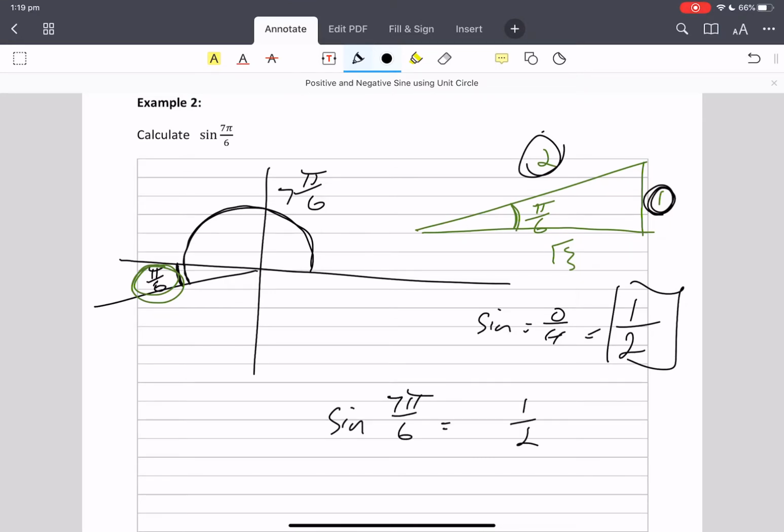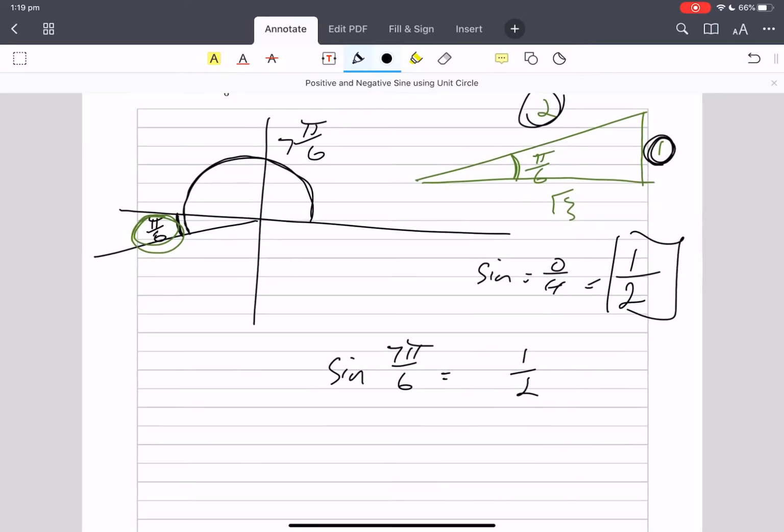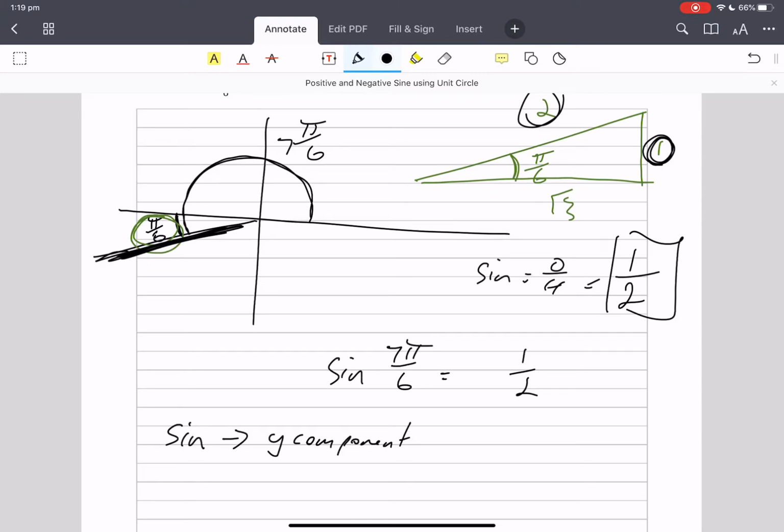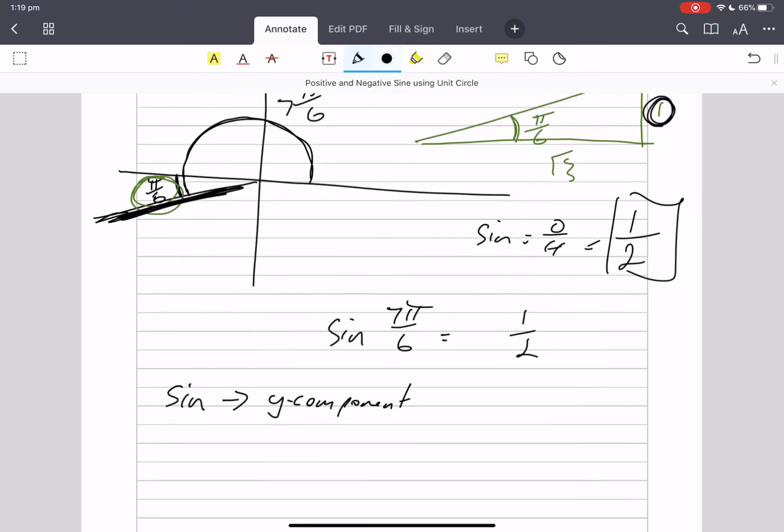We just got to work out whether it's positive or negative. So we're going to go over here. Sine is governed by the y component.